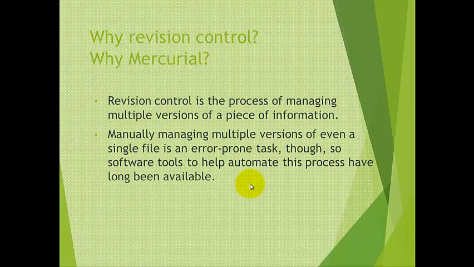So, why do we need revision control and why Mercurial alone? Revision control is the process of managing multiple versions of a piece of information. Manually managing multiple versions of even a single file is an error-prone task. So, software tools to help automate this process have long been available.